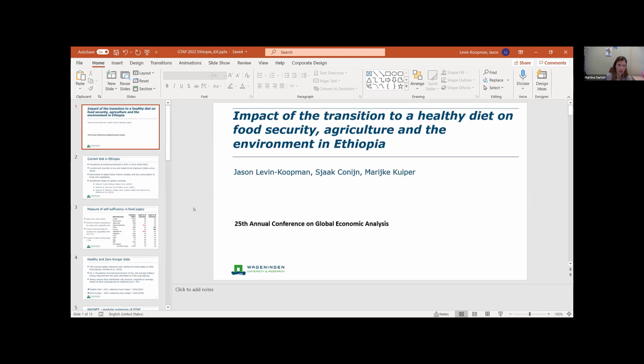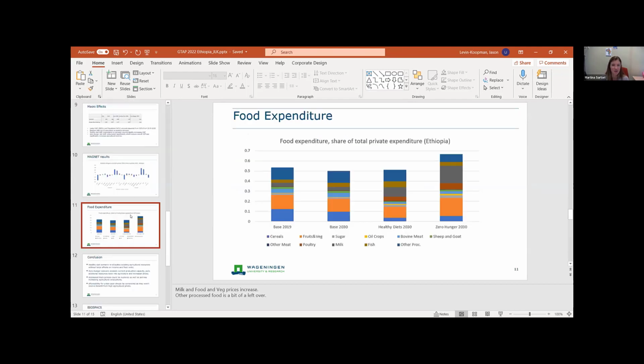Well, I have just one comment. Actually, I was thinking the same about this big share of income spent on food consumption, because economic theory teaches you that as your income increases, the share of income spent on food is decreasing. So this is a bit shocking indeed.